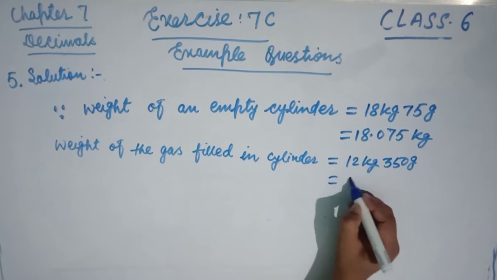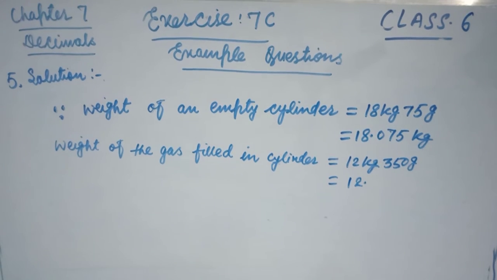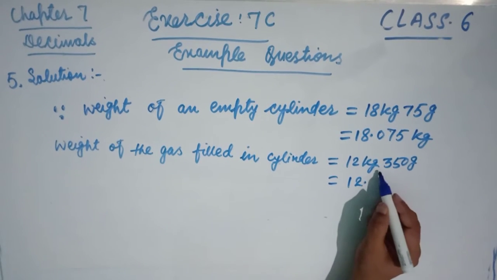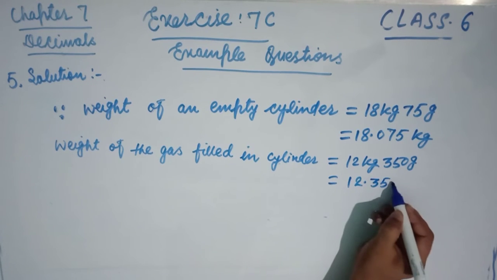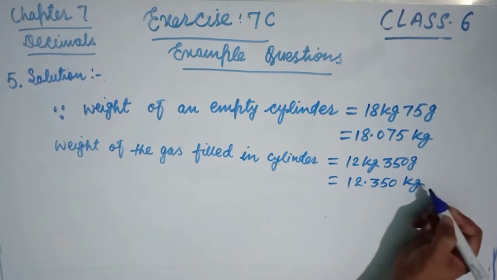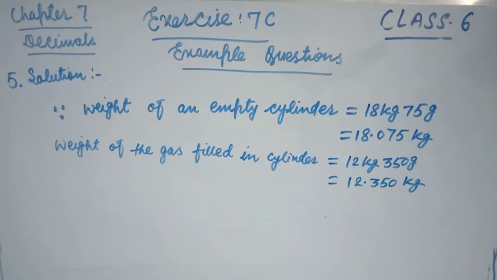So this could be written as 12 point. If you divide this number by 1000, it becomes 0.350 kg. Now friends, add their values.